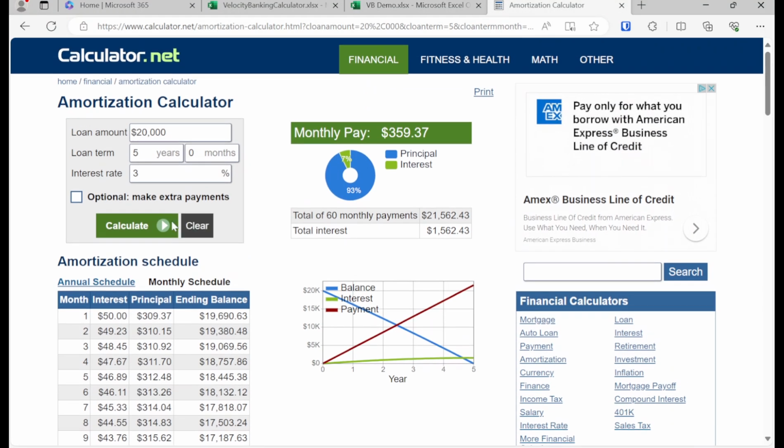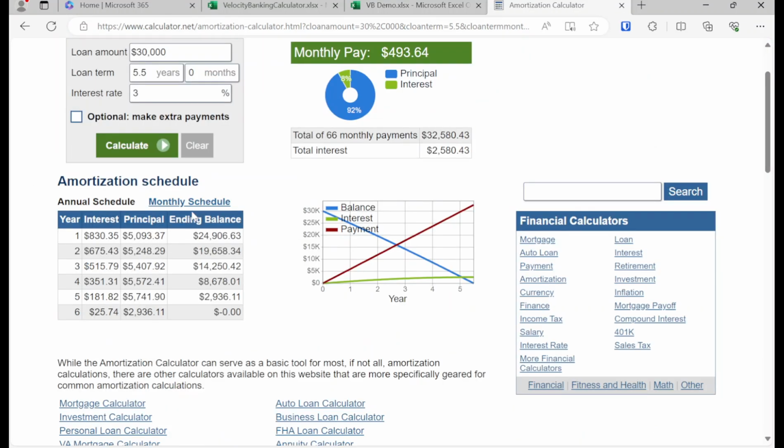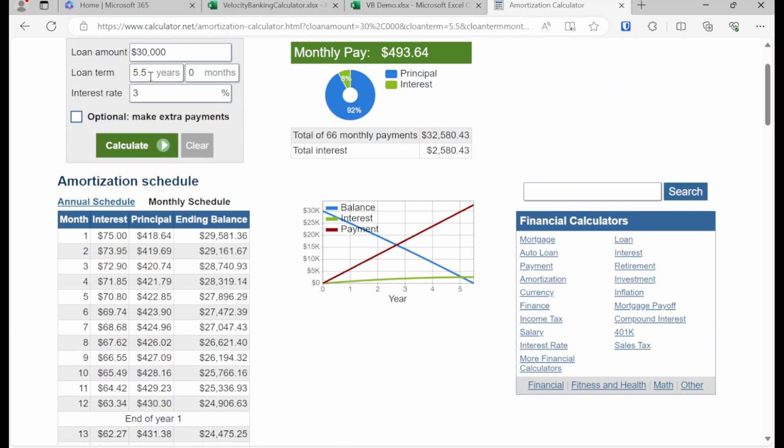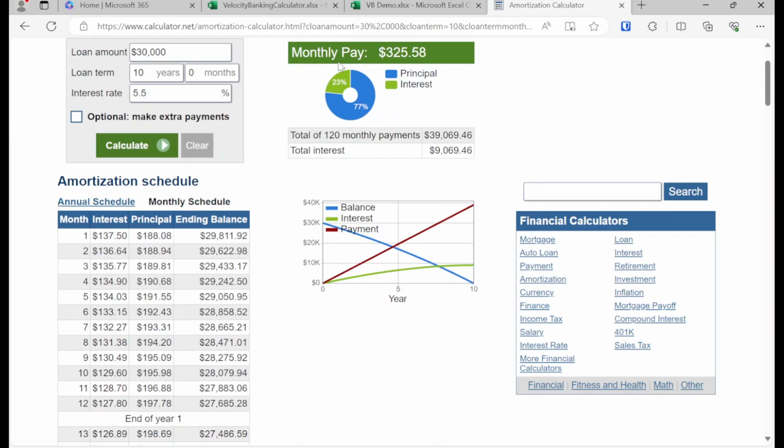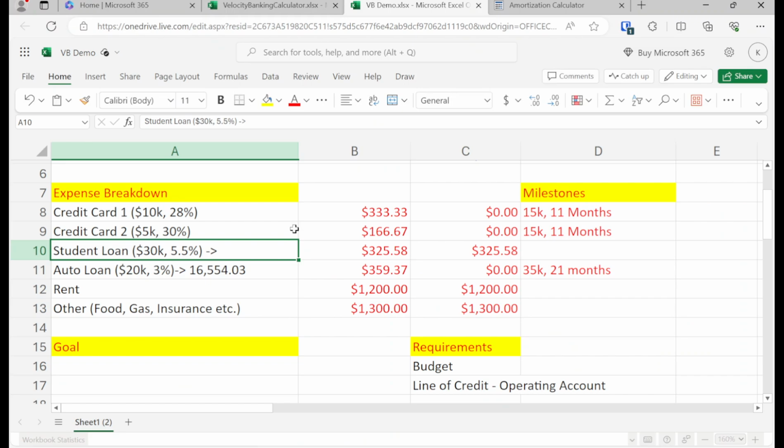So 30,000, 5.5, and yeah, in 10 years, and then it'll be 5.5. Okay. All right, so now let's take a look at what the balance is after 21 months.